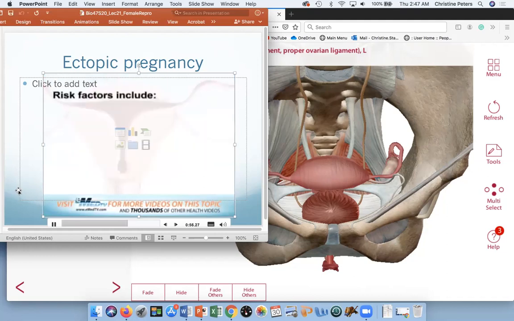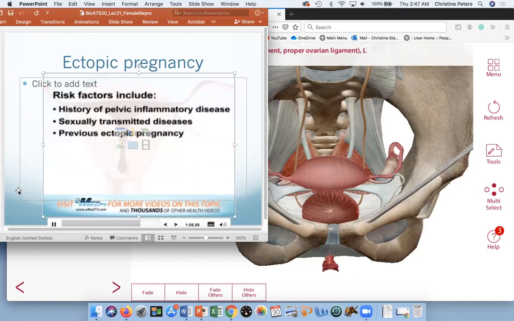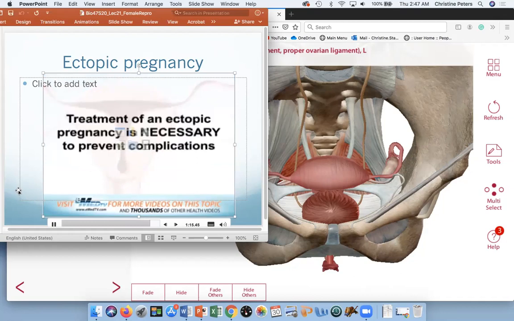These risks include a history of pelvic inflammatory disease, or PID, sexually transmitted diseases such as chlamydia or gonorrhea, a previous ectopic pregnancy, or a previous tubal surgery for infertility. Treatment of an ectopic pregnancy, either medically or surgically, is necessary to prevent serious, even life-threatening complications.